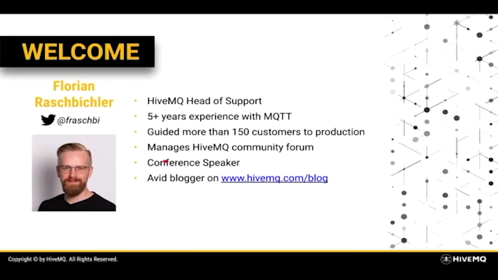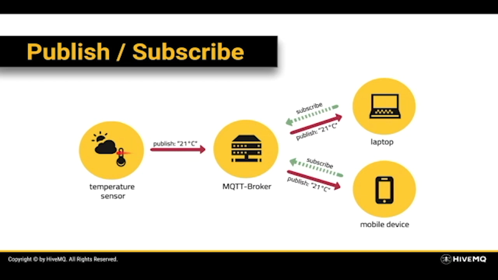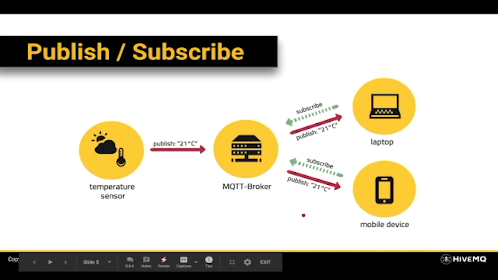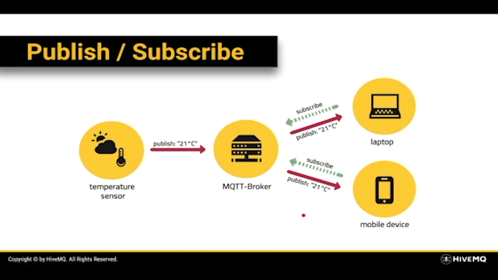Now, when the sensor publishes the 21 degrees Celsius message to the broker, the broker knows that both the laptop and the phone have a subscription for the temperature topic, and it will publish the message to both of them. This shows that the communication is not only completely decoupled, but it follows an end-to-end pattern. You can have an arbitrary number of publishers and subscribers for every topic.